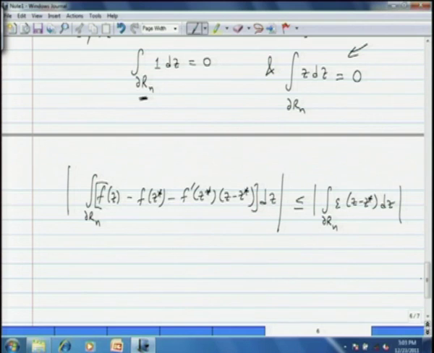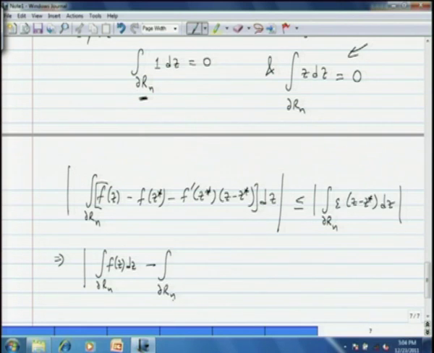Okay. So, what I get is, this is the contour integration of f of z dz minus the contour integration on the boundary of R n of f of z star dz minus the contour integration of f prime of z star times z dz, plus the contour integration of f prime of z star times z star times the contour integration of 1 dz.